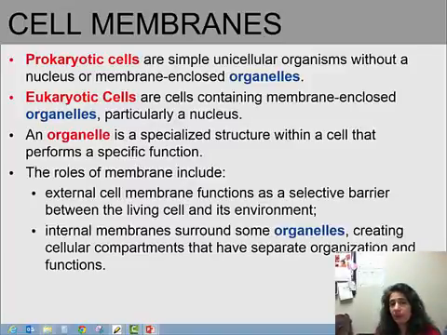So because it's membrane enclosed, that membrane is going to be somehow made out of lipids. And so we're going to tend to look a lot at either lipid bilayers or single lipid layers forming these coverings around the nucleus and sometimes other parts in the cells to provide that polar-nonpolar separation.